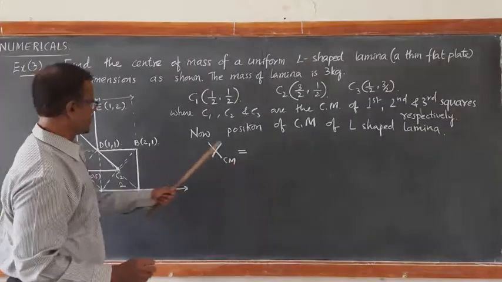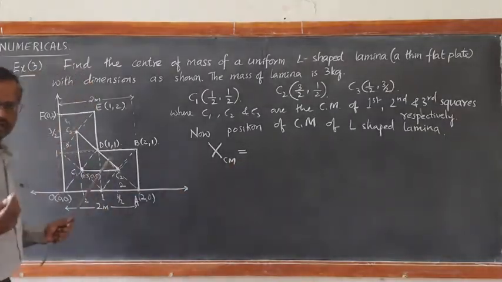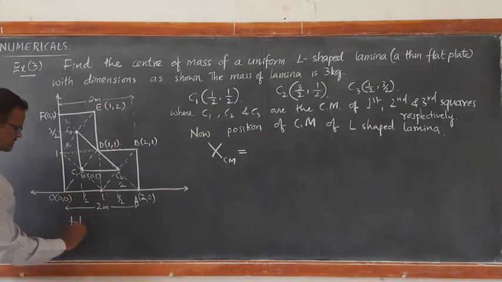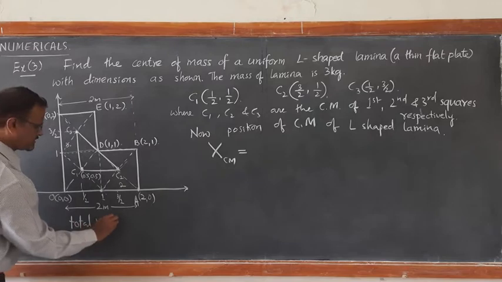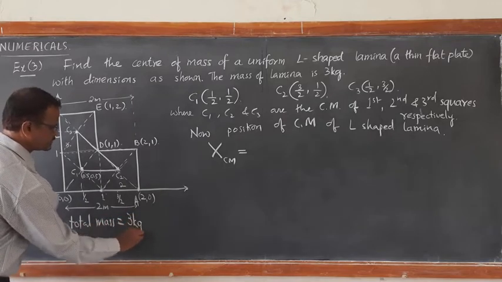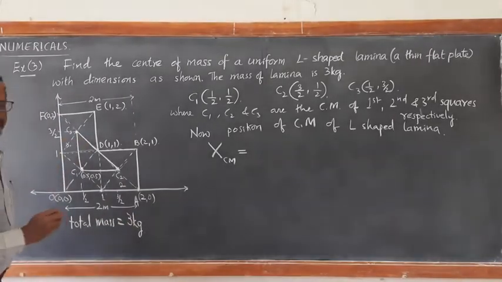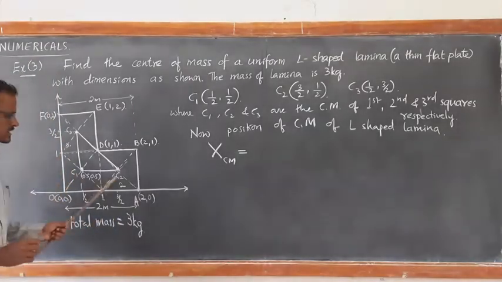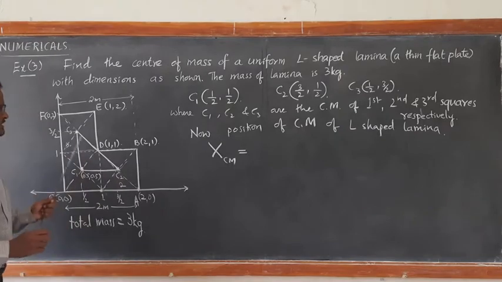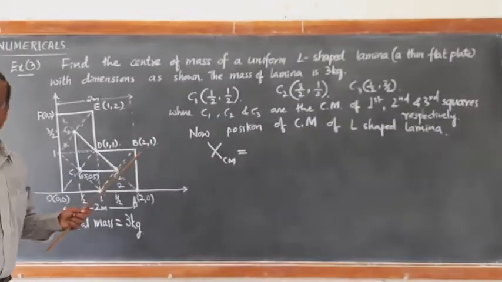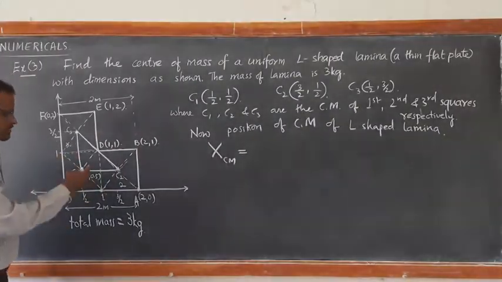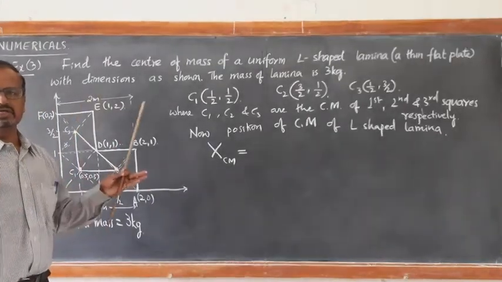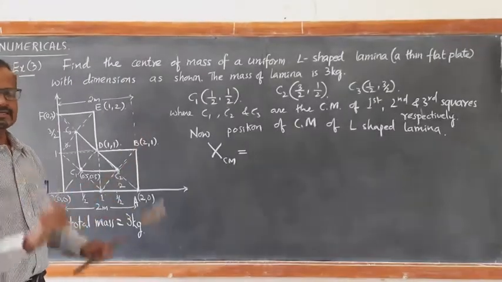So C1 is how much? 1 kg, because the total mass of this lamina is 3 kg. So each square must be of 1 kg. So C1 will be of 1 kg, C2 mass will be of 1 kg, C3 mass will also be of 1 kg. So that if we add 1 plus 1 plus 1, we will get 3 kg. A uniformly distributed sheet of metal is called a lamina.